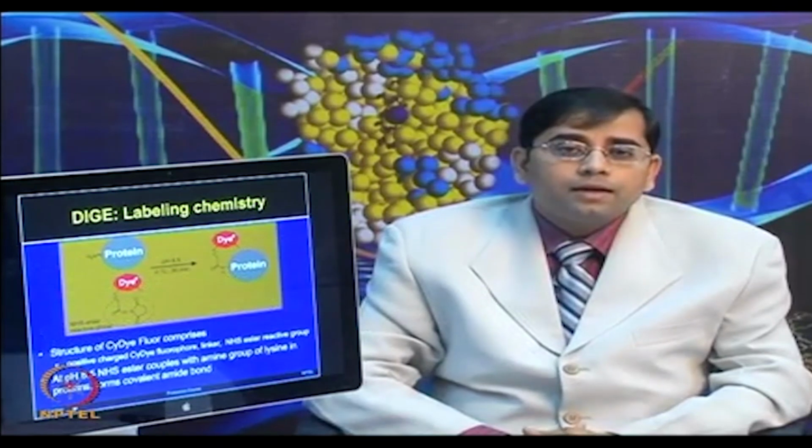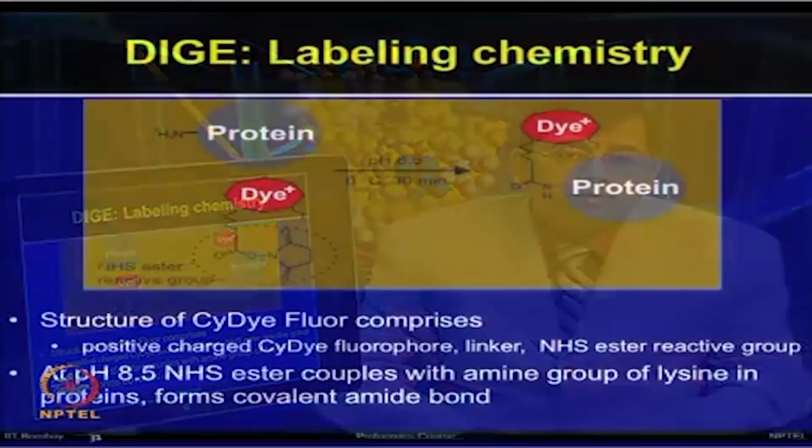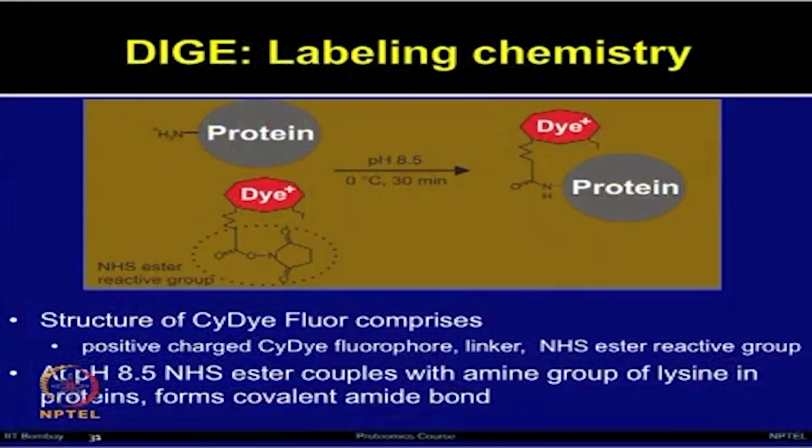Now, in this slide I will describe the labeling chemistry. As you can see in the structure here, the Cy dye comprises a positively charged fluorophore, a linker and an NHS ester reactive group.